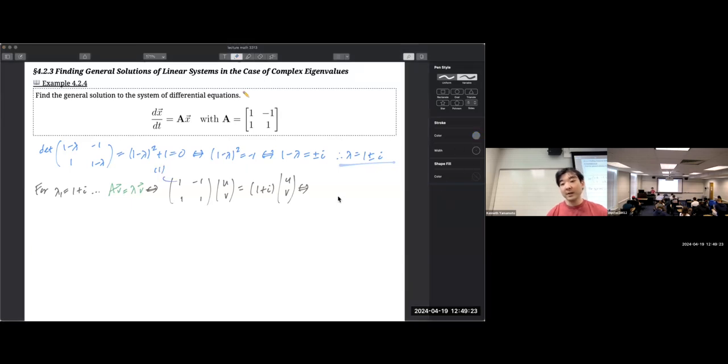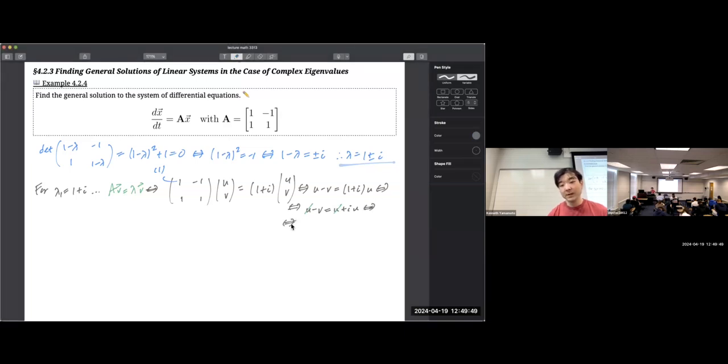Then you'll get u minus v is equal to (1 plus i) u. You can multiply out the u, so you get u minus v is equal to u plus iu. These u's will cancel because there's u's on both sides. So you'll have negative v is equal to iu.